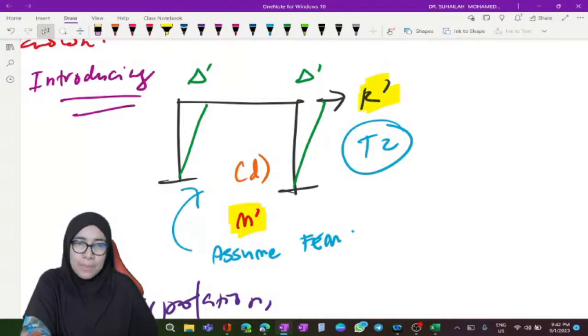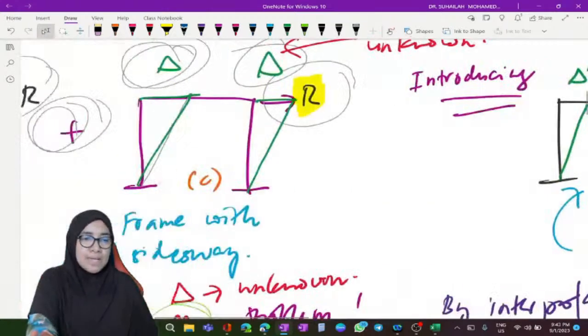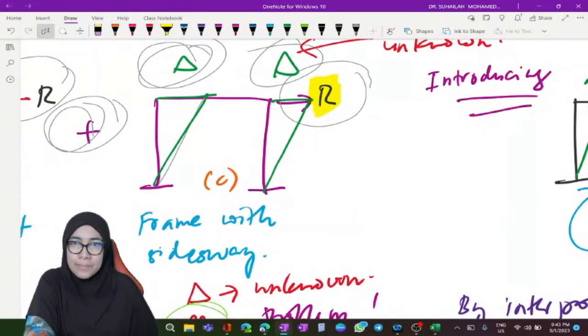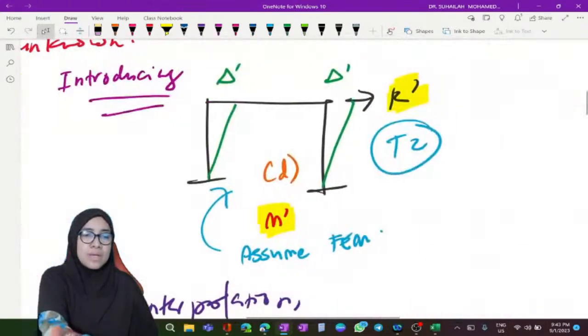Due to R prime, the frame is a sidesway frame, and R prime produces delta prime, same as R produces delta. With this delta we could calculate FEM, but we cannot, because delta is the real one and we cannot assume the real one.